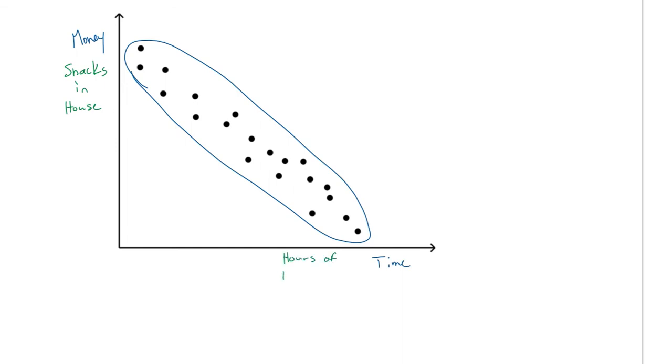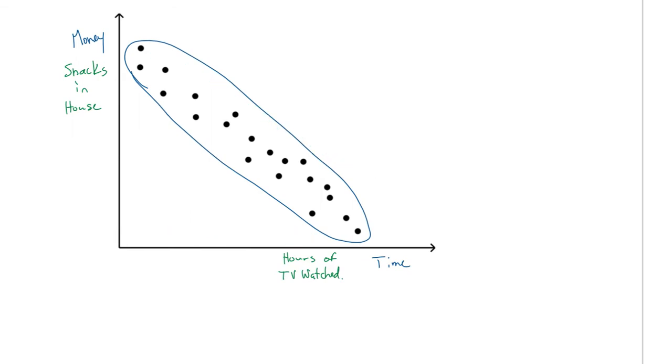So what does this mean? Somebody came up with this a couple of years ago. It means the more hours of TV you've watched, the less snacks you have in your house, because as you're watching TV, I guess you're eating snacks. So the amount of snacks goes down as the hours of TV watched increases, because this is hours of TV going this way. So this is increasing going this way, right?